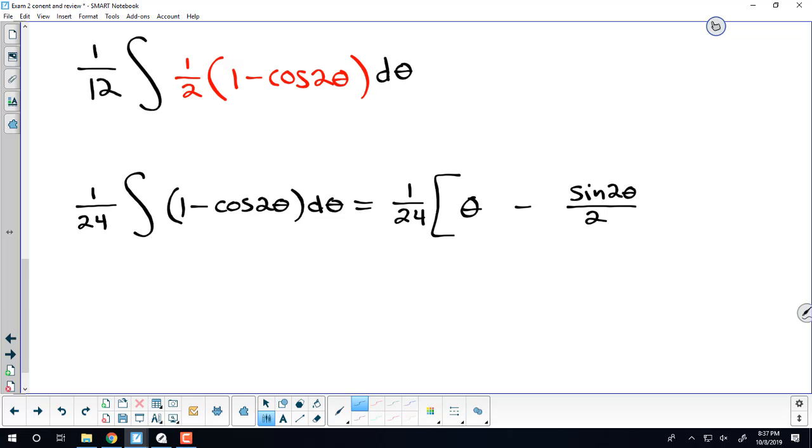This wasn't a definite integral, was it? No. Okay, so we get a constant of integration.